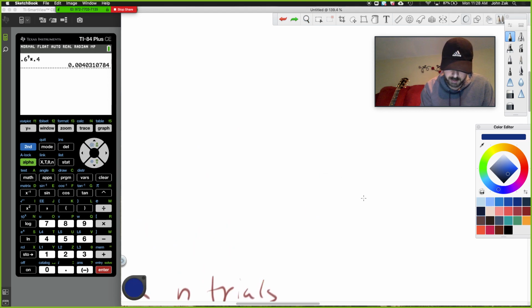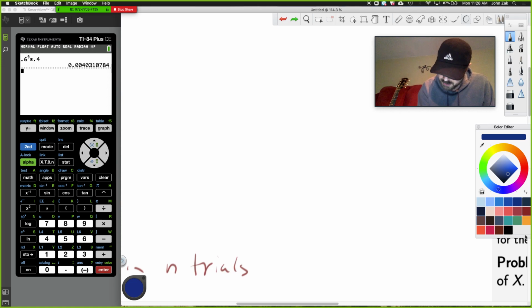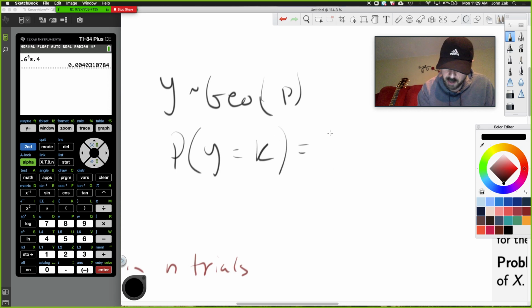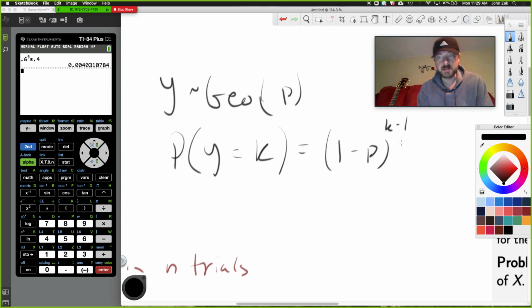But in general, when we talk about a geometric random variable, if we have, let's say, y is some geometric random variable with the parameter p, then the probability that y takes a particular value, in this case, let's call it k, will simply be the probability of failure. So there would be 1 minus p failures, and how many failures will be k minus 1, and then we'll multiply that by p, right?